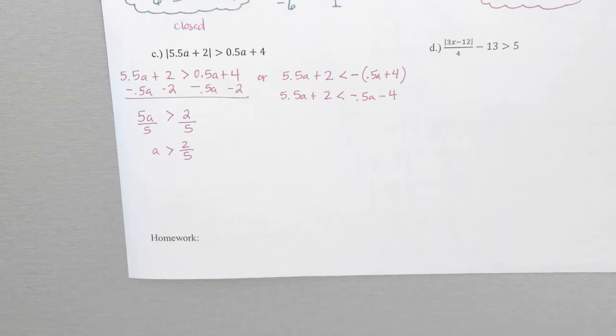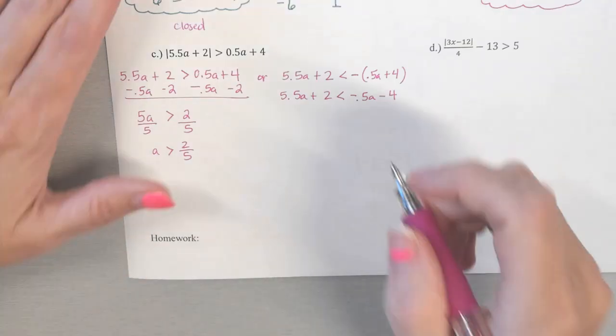Once you have that set up, go ahead and do your number line. Even though these are decimals, these are pretty nice decimals, right?